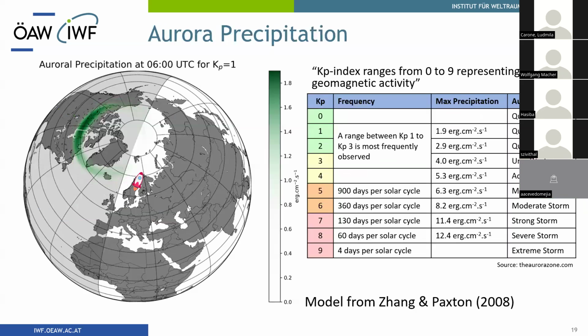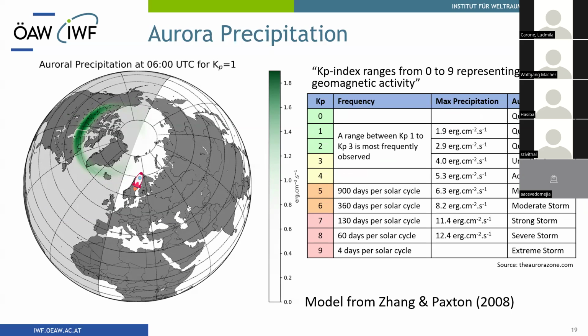The aurora, as I said, the precipitation varies from day to day, and this is tied to what is called the Kp index, which is a composite. It's a number from 0 to 9 representing the geomagnetic activity. I think it's calculated based on different magnetometer measurements from different stations around the north area, and they can predict.